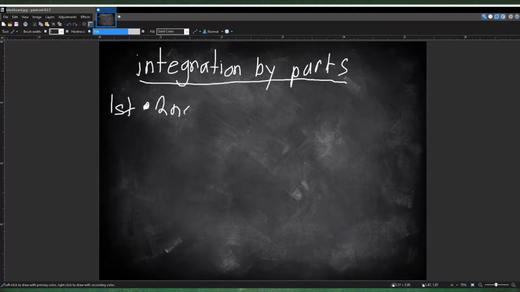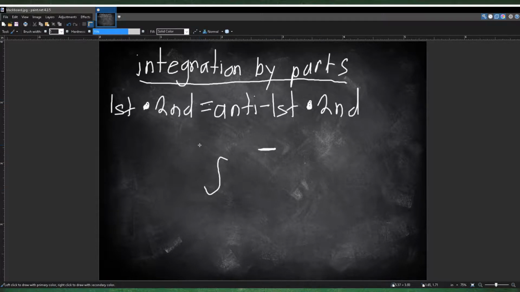So if you're given the derivative, and you have two functions there, one function times another function, then basically the integral of that first function times that second function is equal to the antiderivative of the first, times the second, minus the integral of the first, times the derivative of the second.